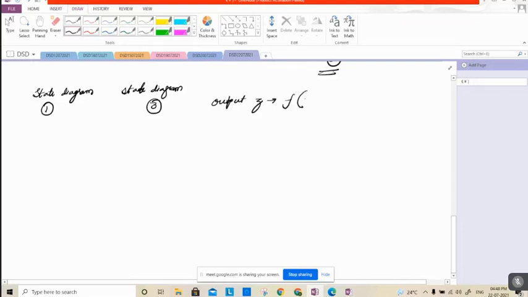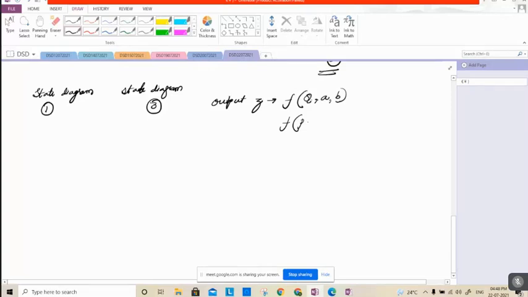Z is a function of Q, A, B. So Q comma A comma B, where Q is the present state, comma present inputs.